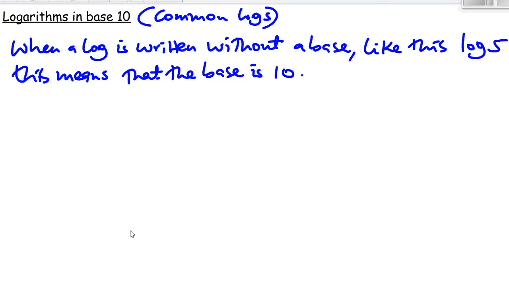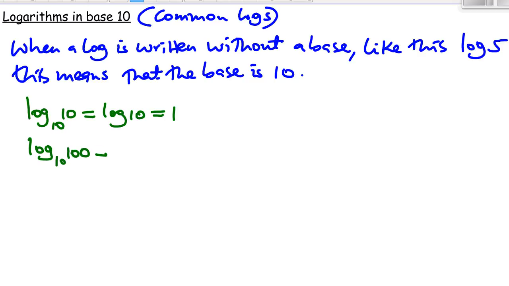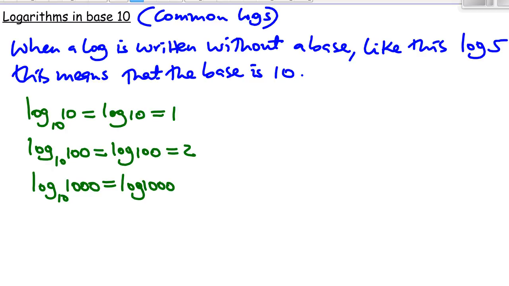So we can generalize these results here and say log to base 10 of 10 is 1, which is just log 10, which is 1. Log to base 10 of 100 will be log 100, which is 2. Log to base 10 of 1,000 will be log 1,000, which is 3.